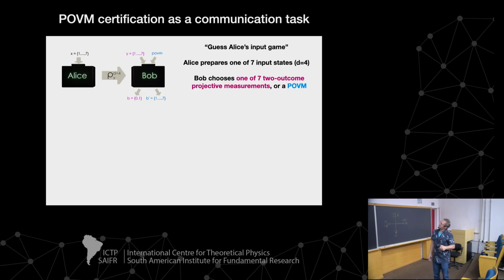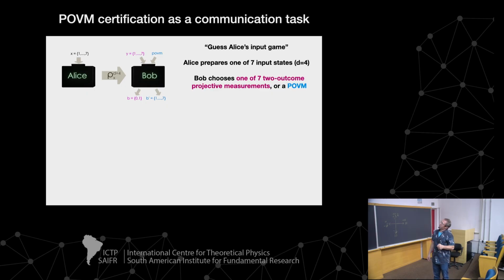So the idea here is that you're going to have a transmitter, right? Alice is going to prepare one of 7 different quantum states according to this variable x. She's going to send this quantum state from Alice to Bob. So this is a 4-dimensional Hilbert space, right? Rho x is one of the x states. Bob is then going to choose between 2 different types of measurements.